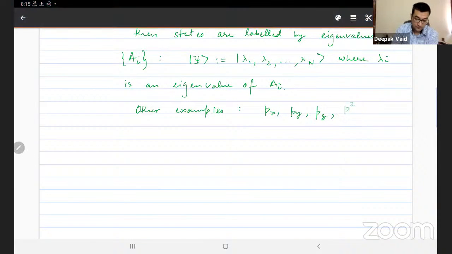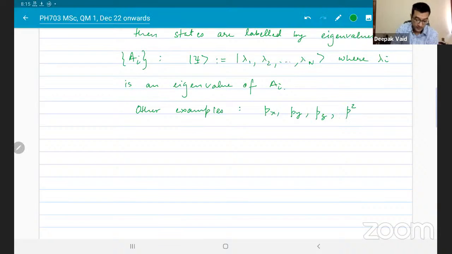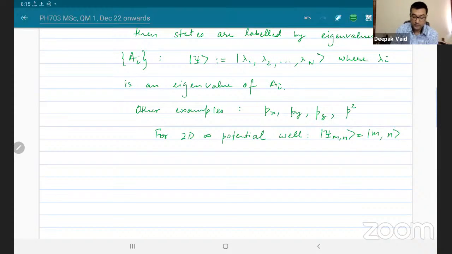So, for example, in the 2D infinite potential well, how do we write the states? We write the states as psi mn, right? What is m and what is n? These are the eigenvalues of the momentum in the x direction and the y direction, right?